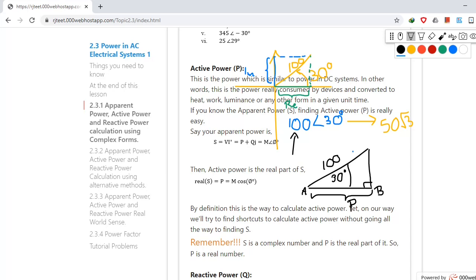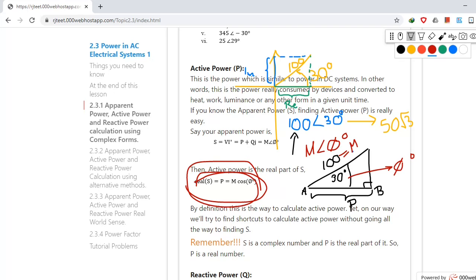So in general, we can use this as an equation like shown here. Let's say this is the magnitude and this is your angle phi naught. For any given apparent power value in the form M angle phi degrees, this would be the equation you're going to use to calculate the active power.